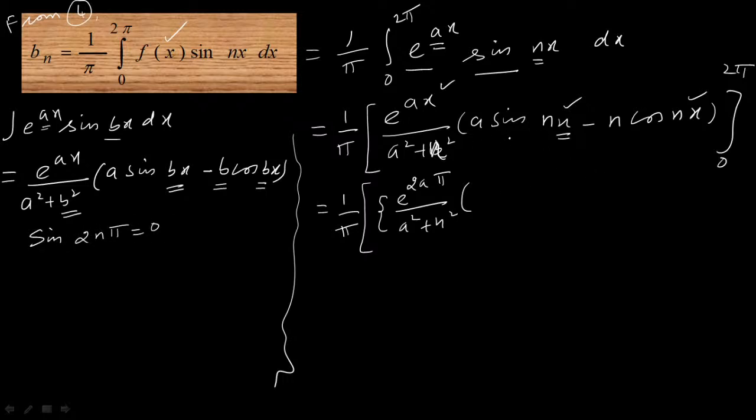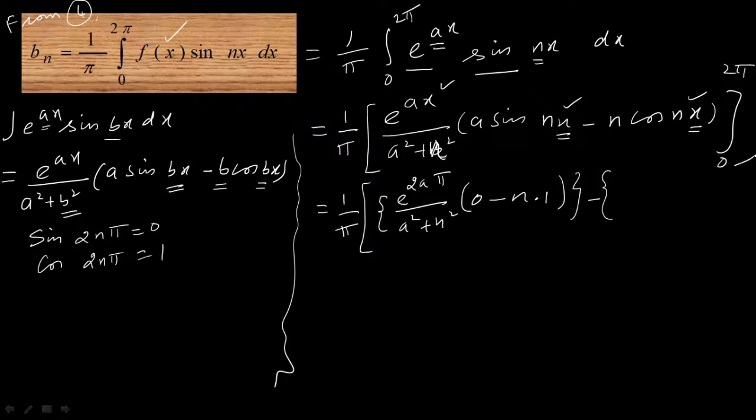Since the value of sin 2n pi is 0, a product with 0 is 0 itself. So minus n cos, if you replace this x by 2 pi, you have cos 2n pi. As you know already, cos 2n pi value is plus 1. So n product 1, okay. Upper limit over.